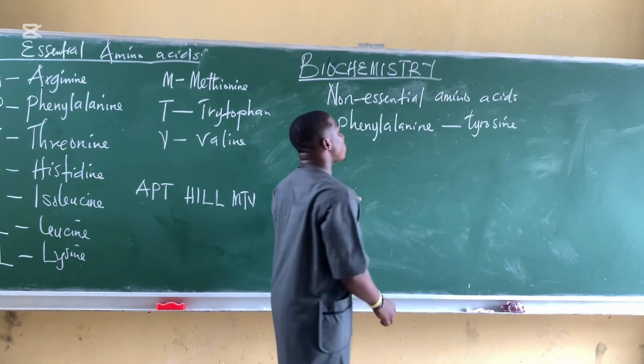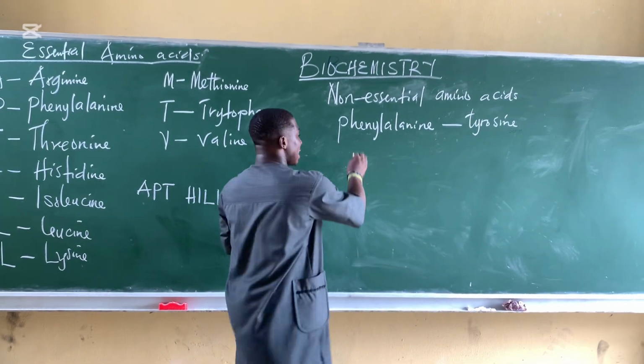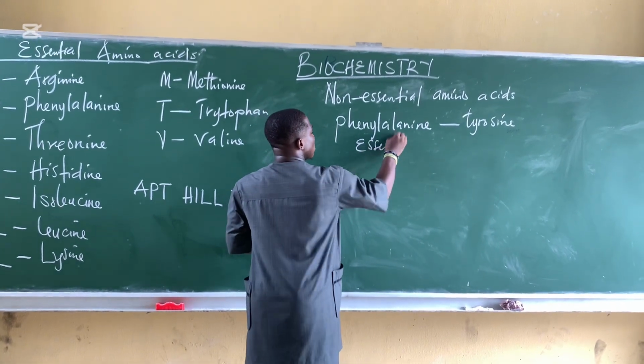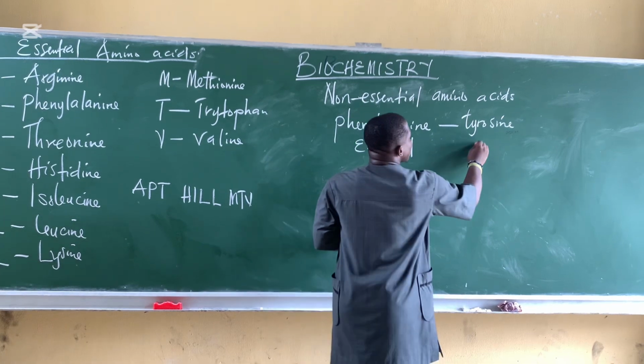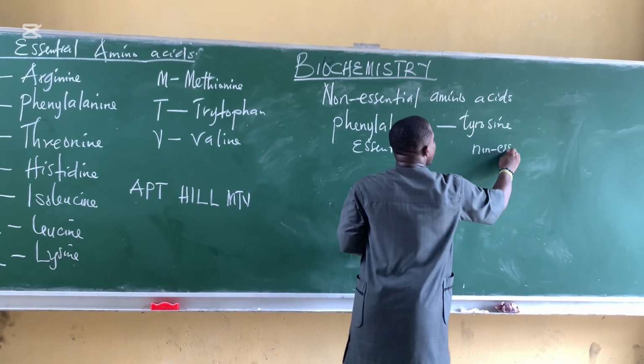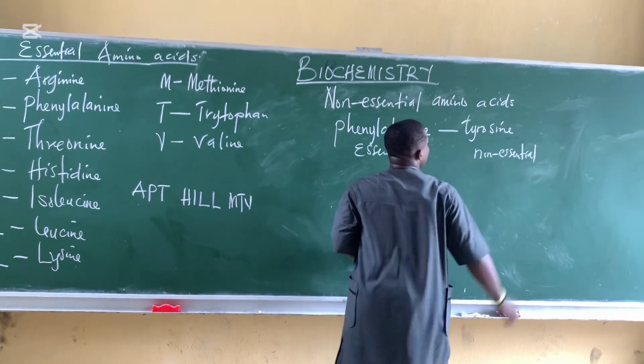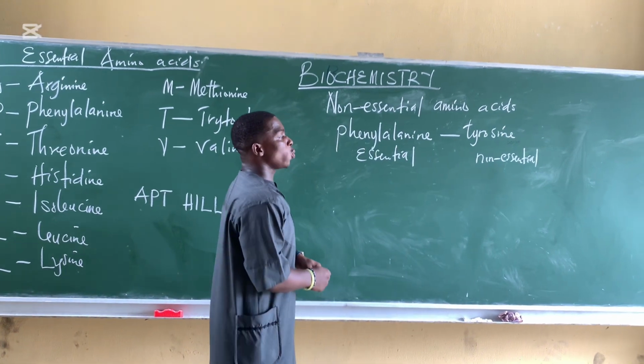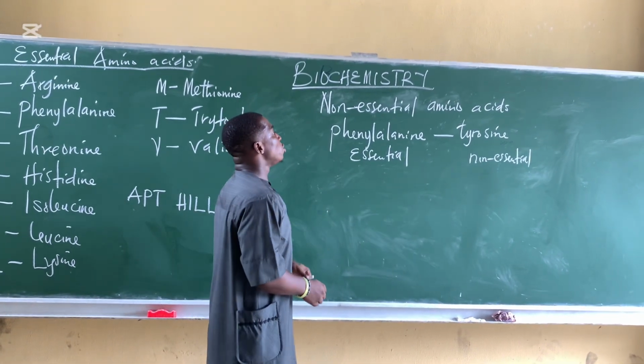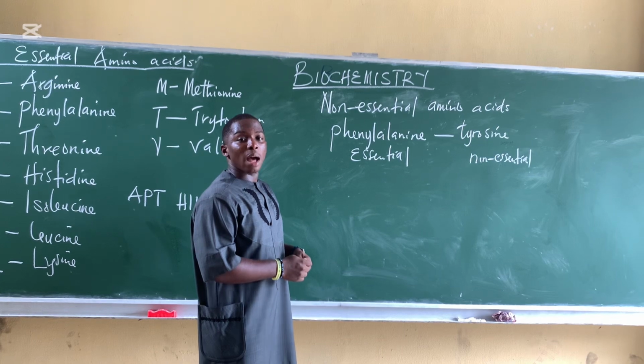So this conversion is a way by which the body produces non-essential amino acids.